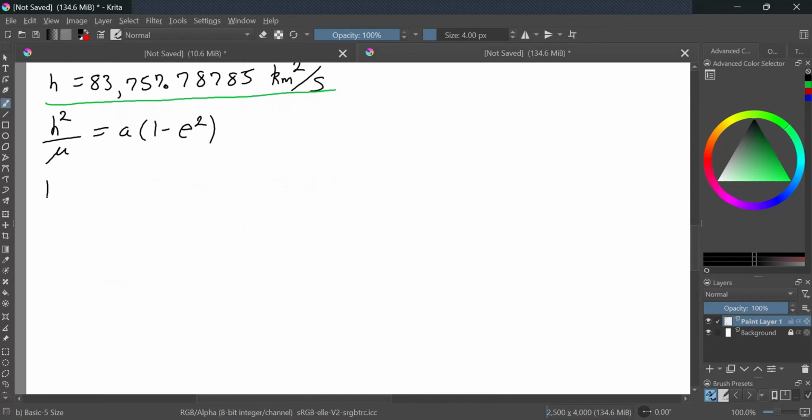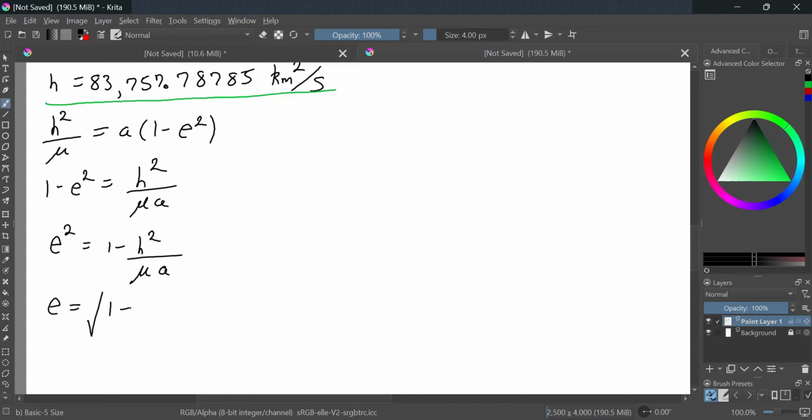Solving for e, 1 minus e squared is equal to h squared over mu times a, and then square root it.